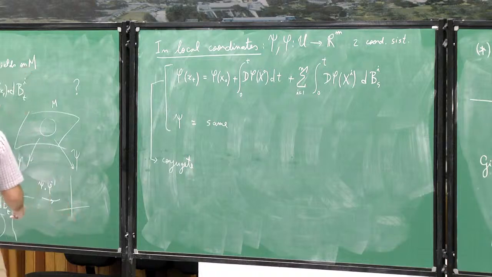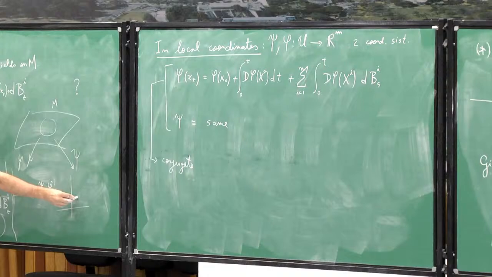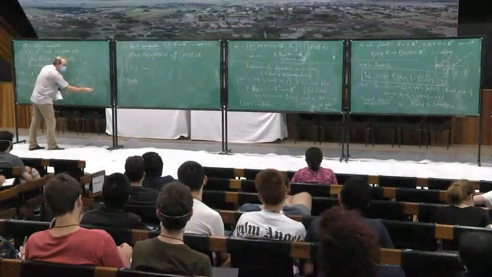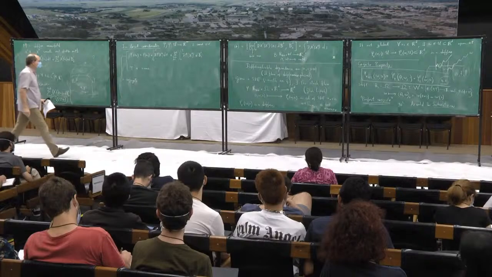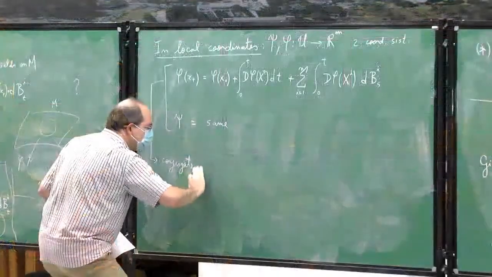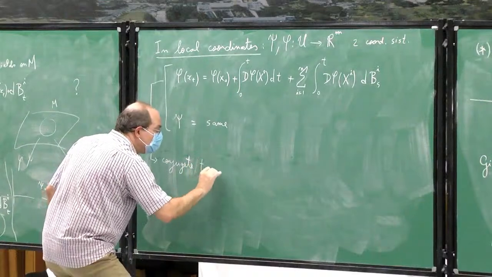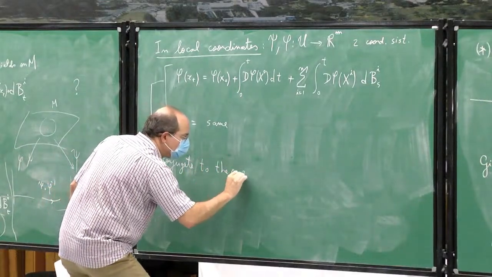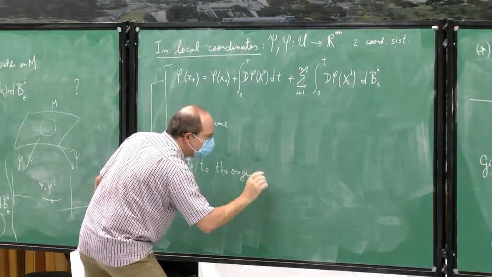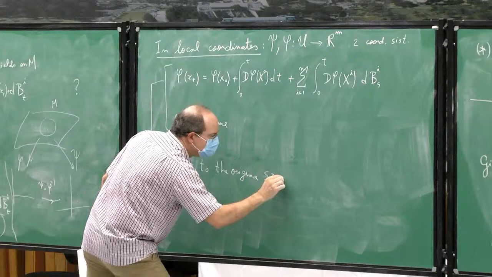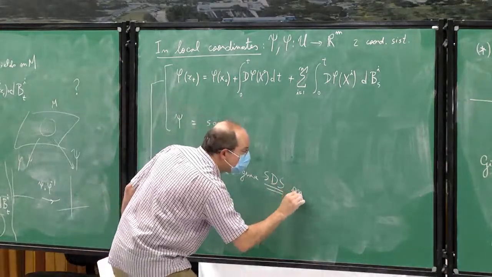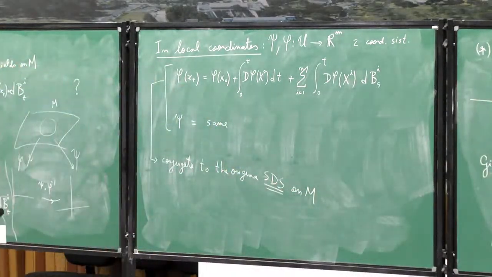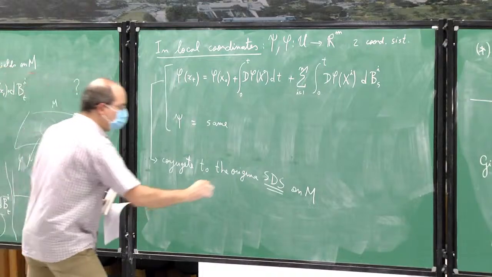When we make the change of coordinates from one to the other, we end up with the same equation here. We end up with a conjugacy down here. So we have a triangle of conjugacies. They are both conjugate to the original stochastic dynamical system on M.